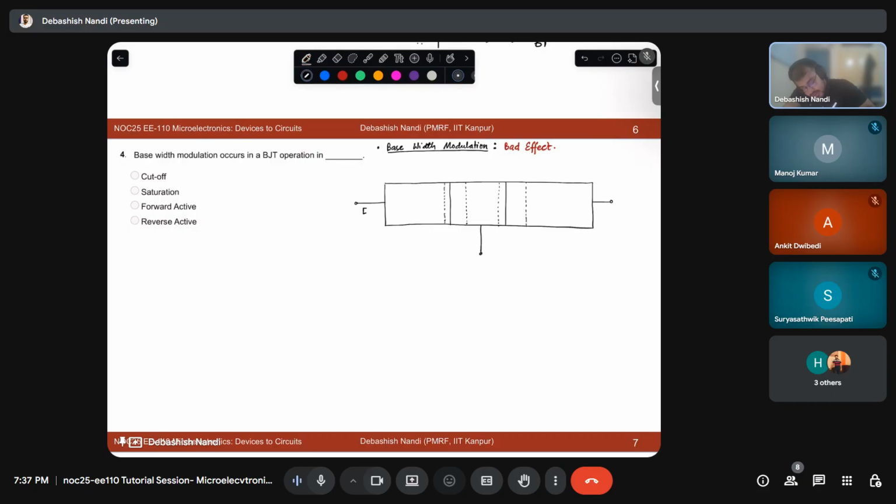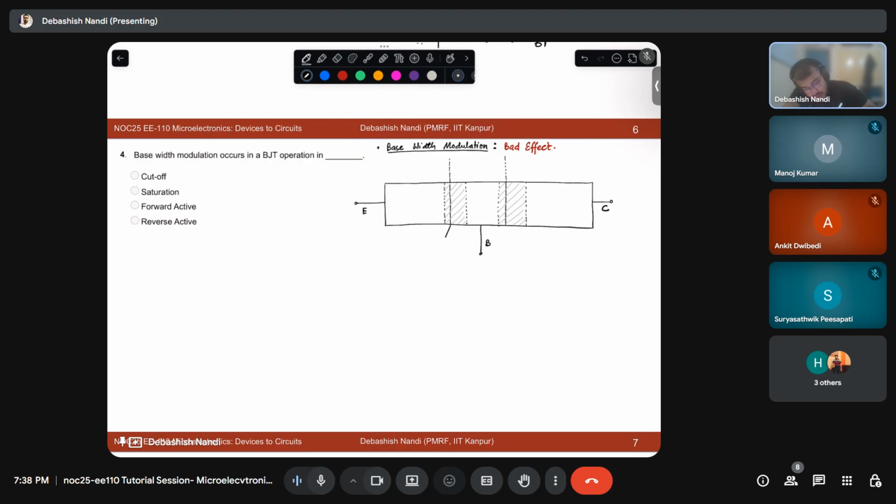So this is your emitter, this is your base, this is your collector. Now let's say this is your depletion regions. So there are two types of base widths.